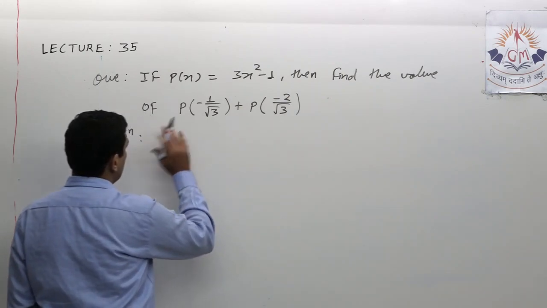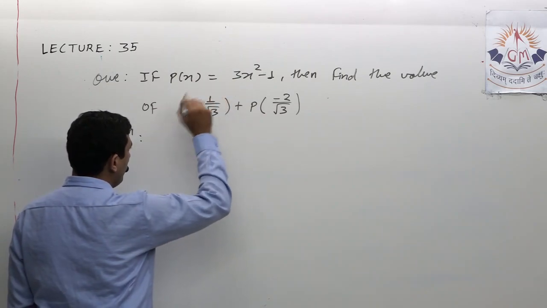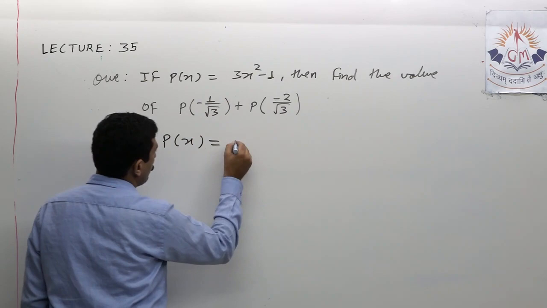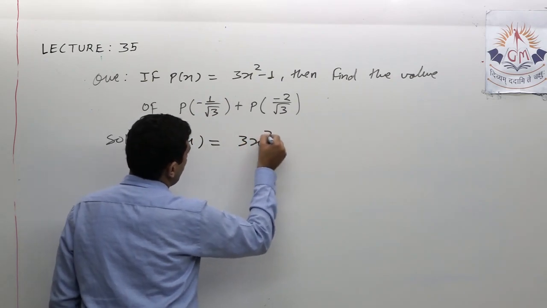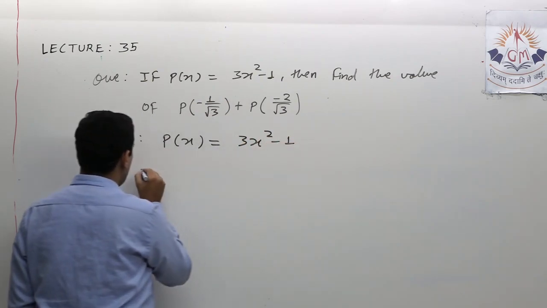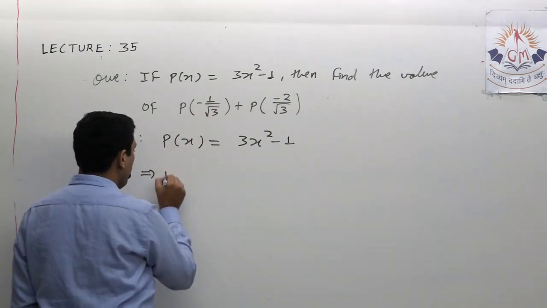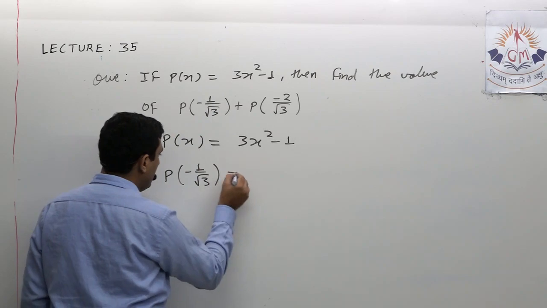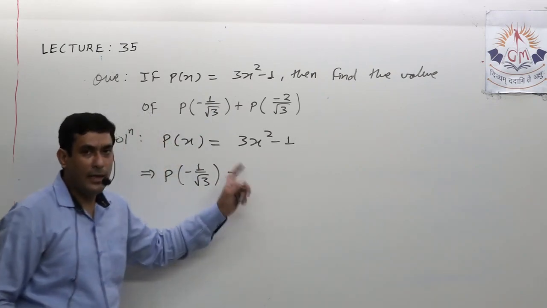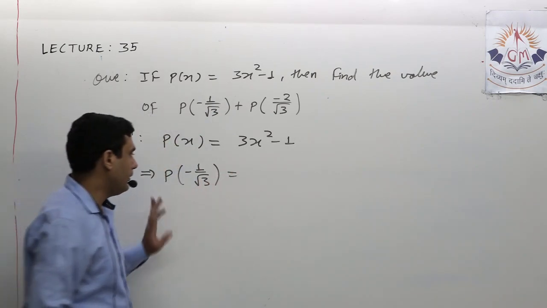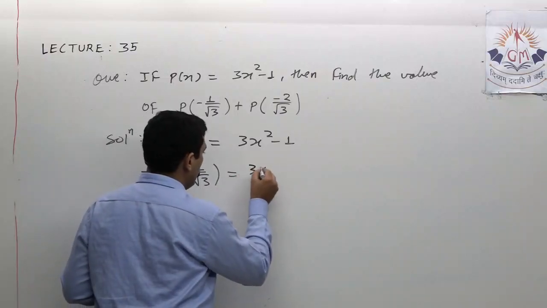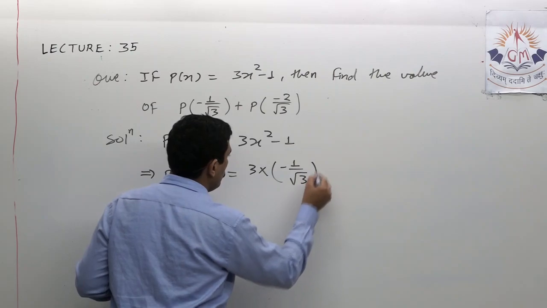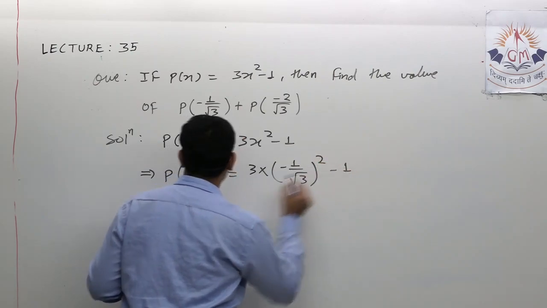Or you can do it in the same row. So first I am going to find p of minus 1 upon root 3. Here p of x is equal to 3x square minus 1. To get the value of p of minus 1 upon root 3, what do I have to do? I have to simply replace x by minus 1 upon root 3. So 3 into minus 1 upon root 3 whole square minus 1.